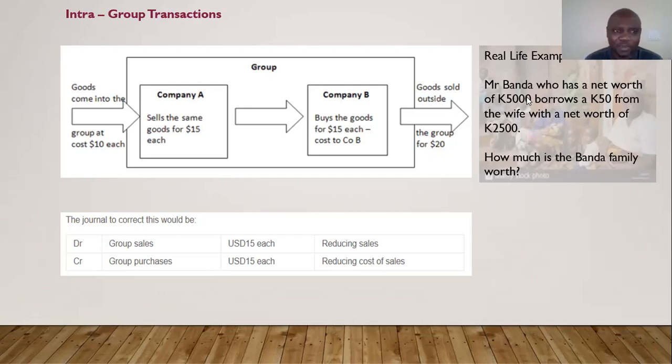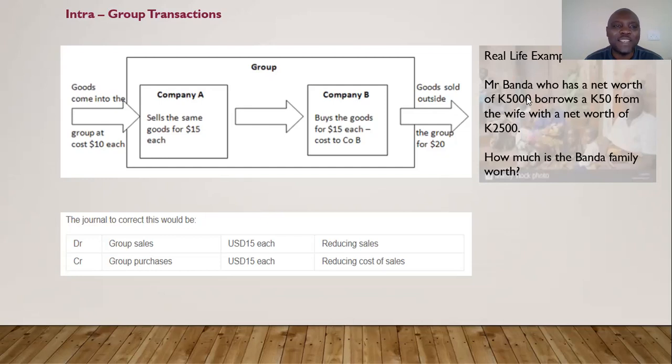So you look at this table, it shows goods come into the group at a cost of 10 kwacha or $10 each. Company A sells the same goods for 15 kwacha each to company B. Company B obviously buys for 15 kwacha from company A and then sells to the outside world at 20 kwacha.